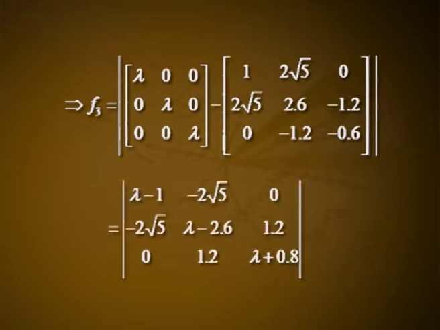That is equal to the determinant of the matrix with rows lambda minus 1, minus 2 root 5, 0, minus 2 root 5, lambda minus 2.6, 1.2, 0, 1.2, lambda plus 0.8.